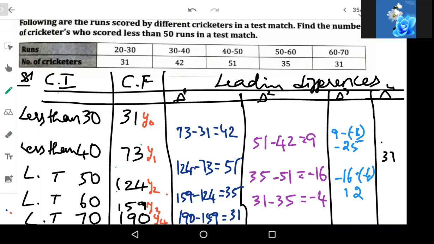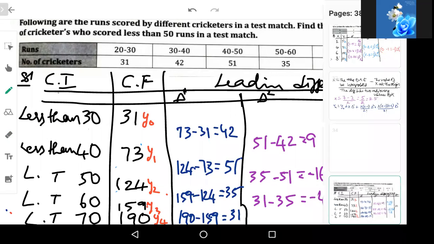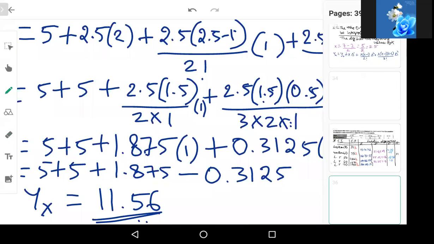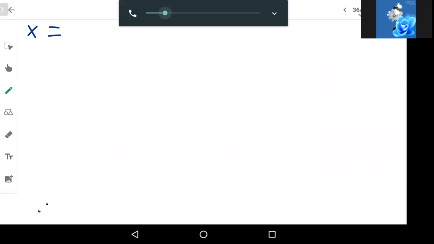Now after this, let us find the x value. X is equal to, write the formula once again, the value of x to be interpolated minus the value at the origin divided by the difference between the two adjoining values of x. You have to write that formula.